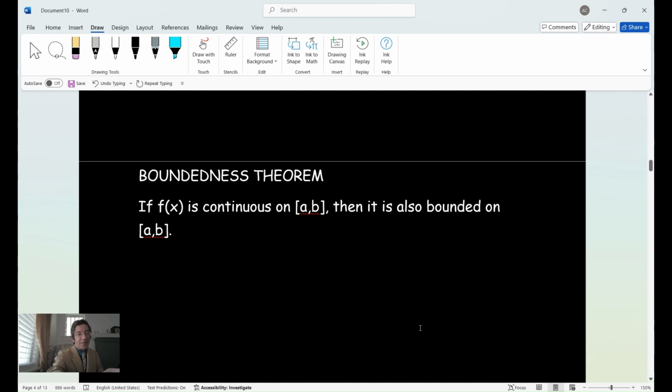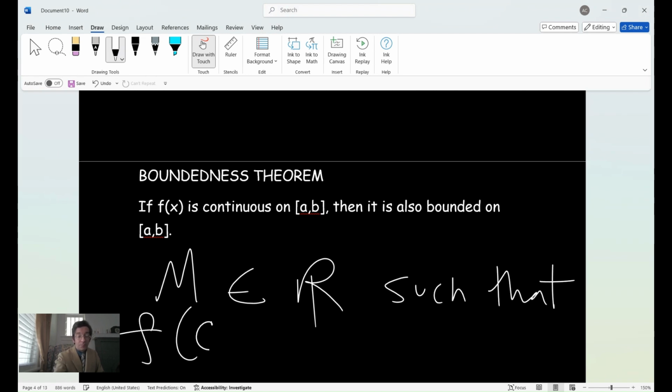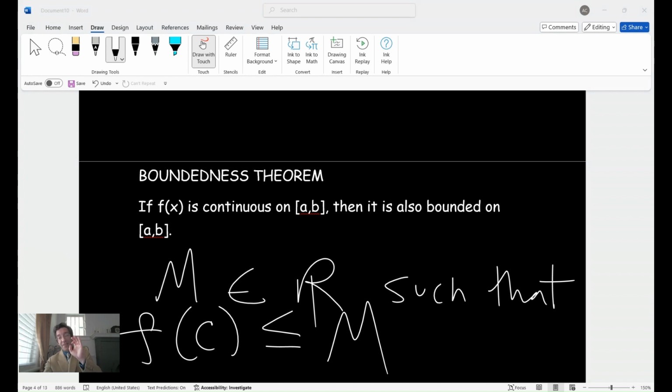There exists some value m as an element of the real numbers, of course. We can say such that f of c is less than or equal to m, and if that's the case, this has to be true for all c as an element of a and b, the closed interval.